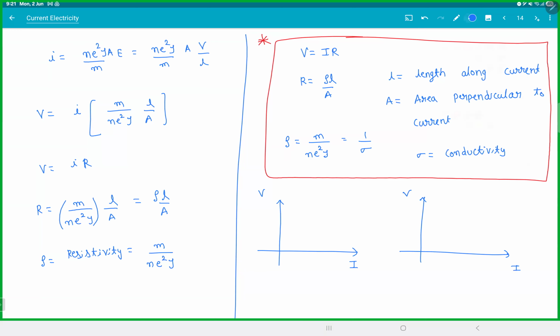If you have a graph like this, here dV by dI is your resistance R, but your resistance also sometimes changes with current.